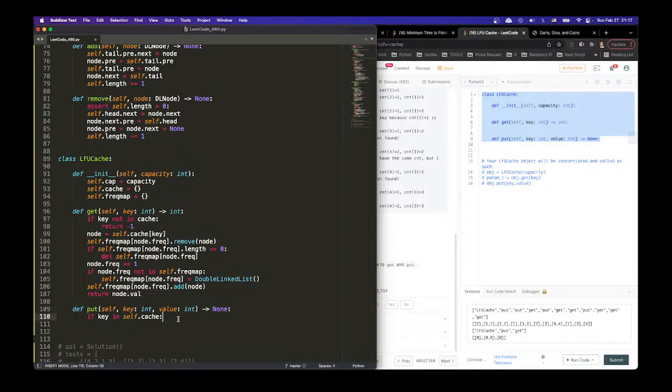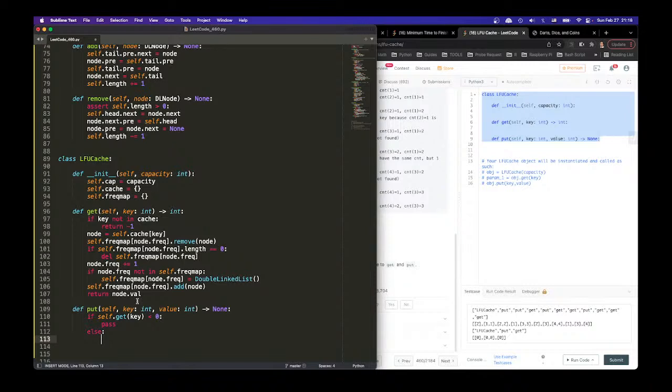Which means, say if self.get(key) is smaller than 0, right? If it's smaller than 0, that means it does not exist, so we do some stuff. Else, that means it does exist. And I already incremented the frequency, and I have this value, but that's fine.